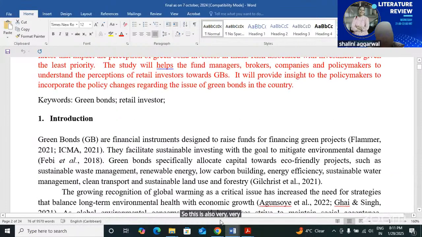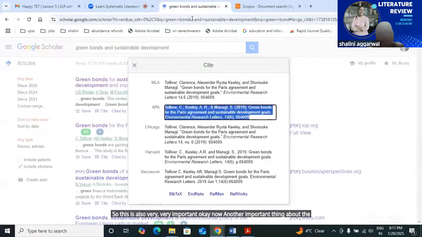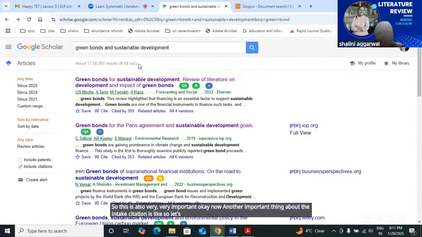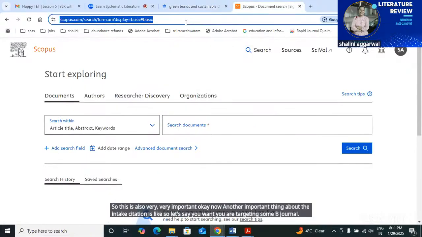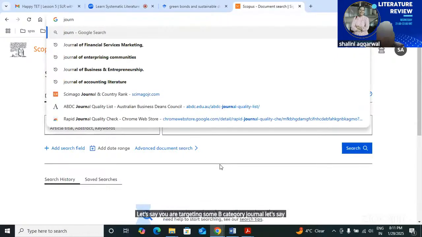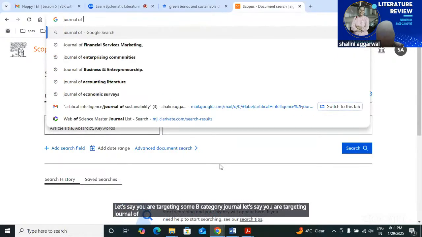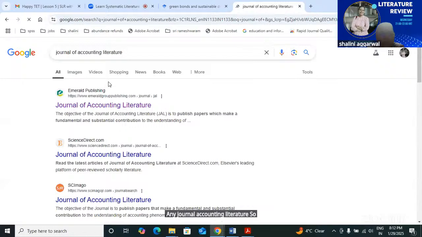Now, another important thing about the in-text citation: let's say you are targeting a B category journal, for example Journal of Accounting Literature. So it's a good journal.